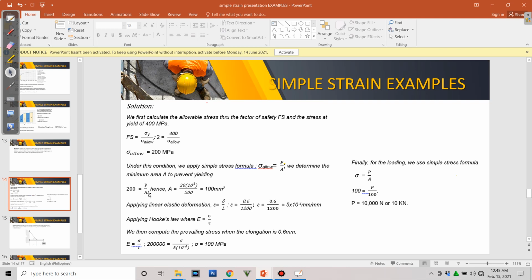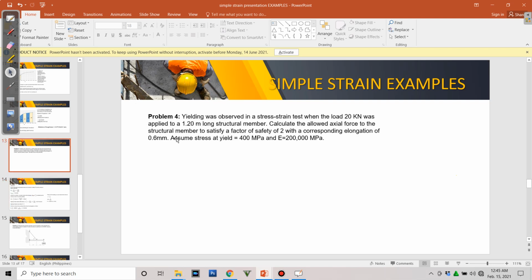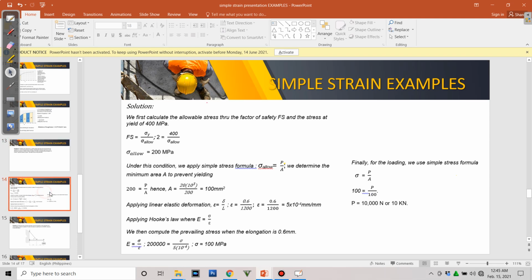So 200 is equal to P over A, and of course we apply the 20 kilonewton loading that is given in the problem, since yielding was observed when the load is 20 kilonewton. So we substitute and derive the area that would equate to 100 millimeter squared. Then applying linear elastic deformation.